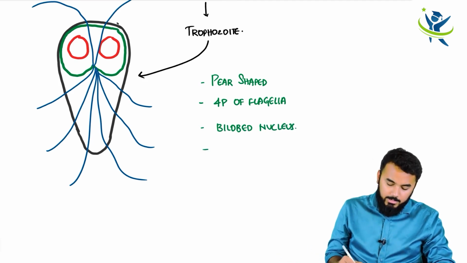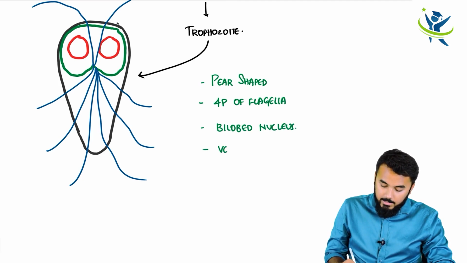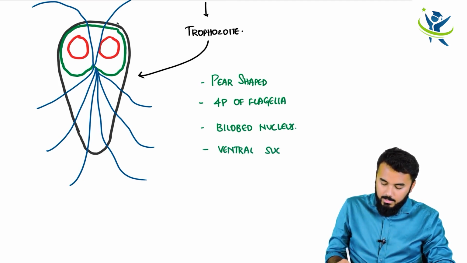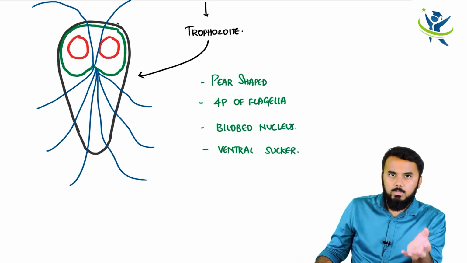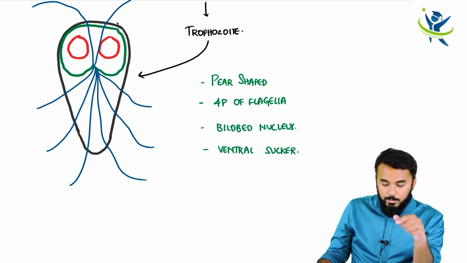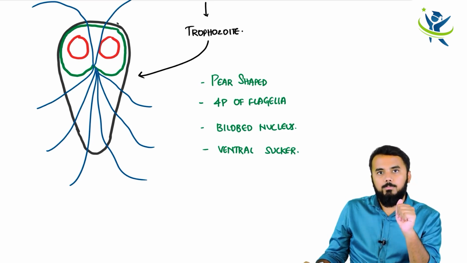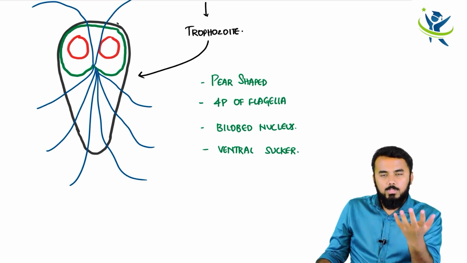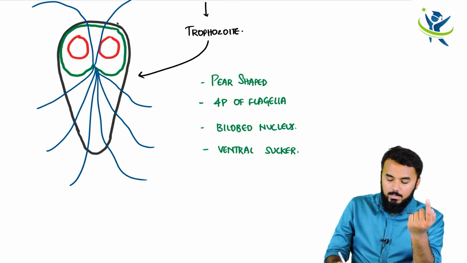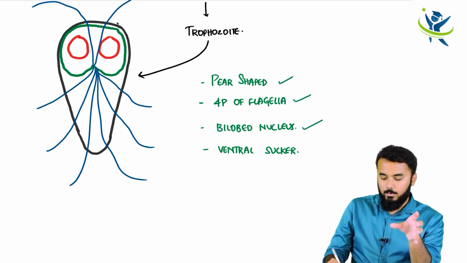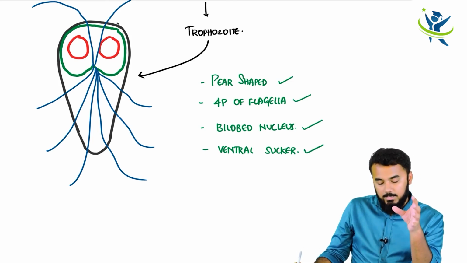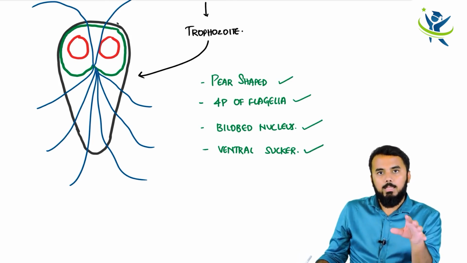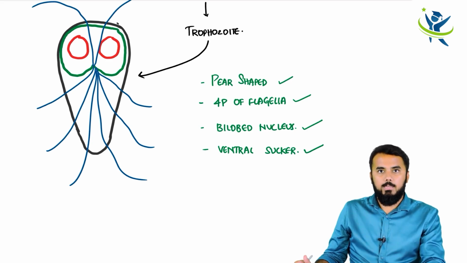And fourth, we have a ventral sucker. When you take a stool sample, you are going to find this trophozoite. If you find an organism which is pear-shaped, with 4 pairs of flagella, bilobed nucleus and ventral sucker, this is nothing but Giardia lamblia, and the patient is suffering from Giardiasis.